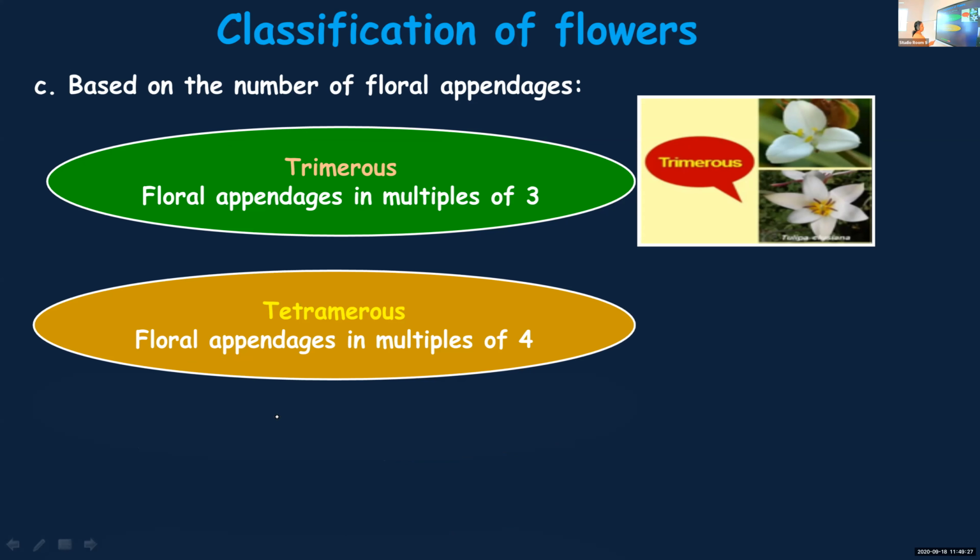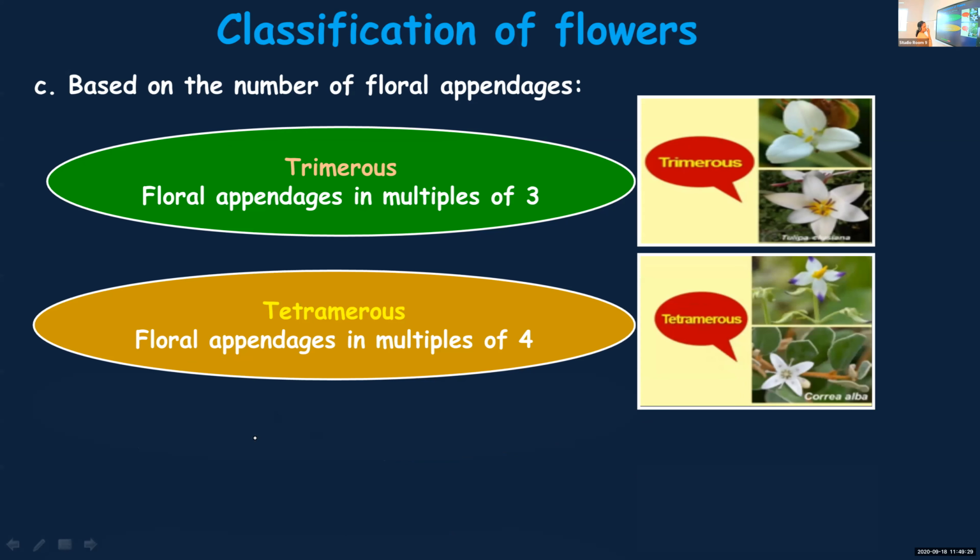Okay. So here you can find examples for tetramerous flowers, even radish flowers. So the cabbage family, the Brassica family, the majority of them produce tetramerous flowers. One typical example is radish flowers. They are tetramerous where the floral appendages will be in multiples of 4.